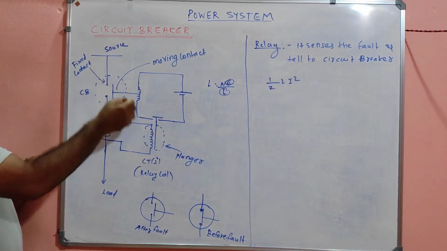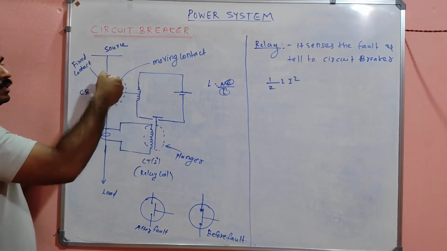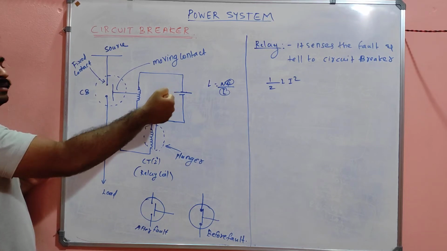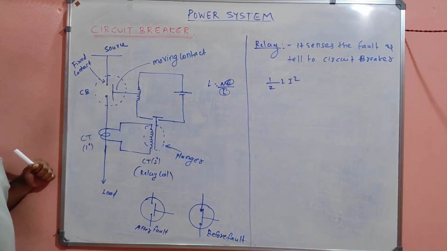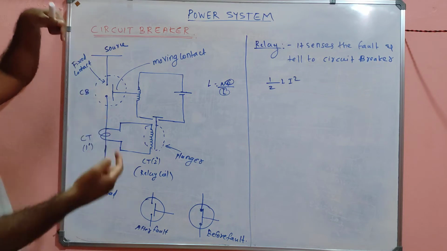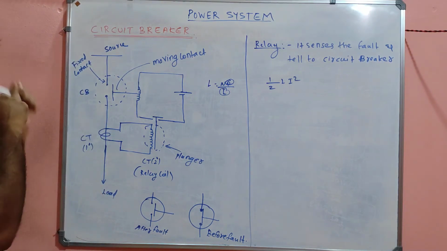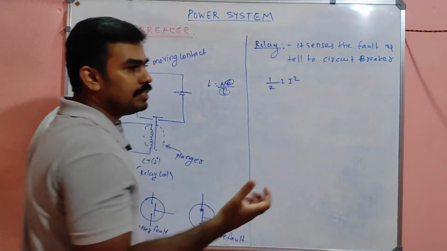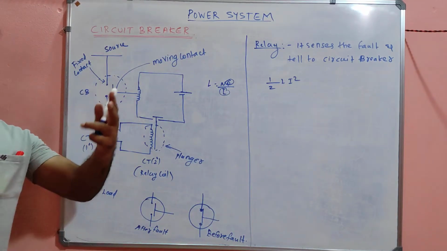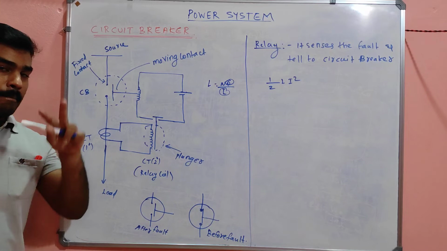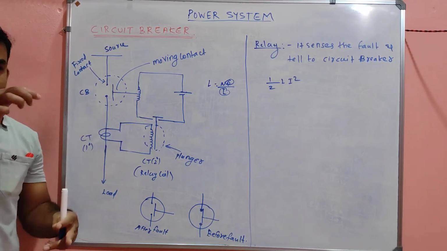But suddenly, if due to an abnormal condition it comes back, this will be an open circuit. So a sudden break of current will happen. This half L i square is nothing but the energy associated with the magnetic field. A magnetic field exists only when there is a current flow.